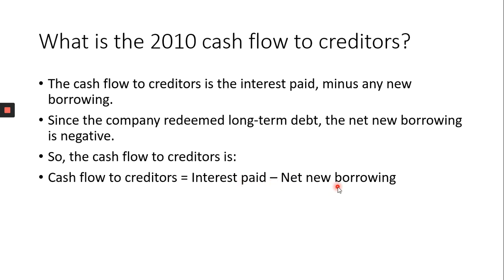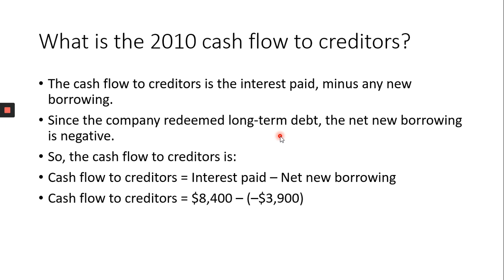So this is our equation: interest paid minus the net new borrowing. As I explained just now, because the company redeemed, instead of taking a new borrowing, they paid off their long-term debt, the sign of this value will be negative. In the question, it says they paid in total interest of 8,400 and they paid off their long-term debt of $3,900.